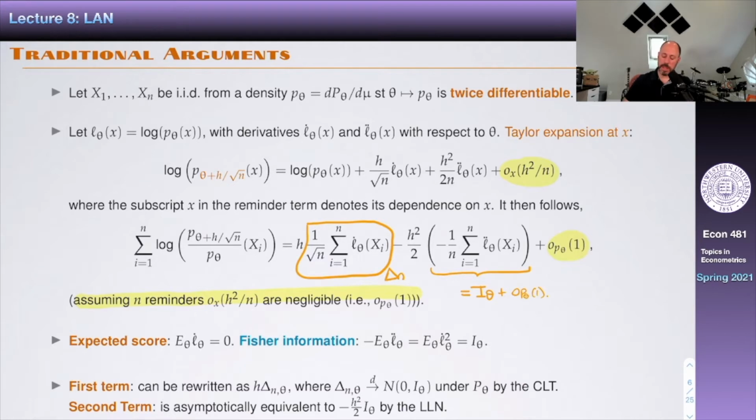So you see that this is a term that requires a CLT type of argument. You have 1 over square root n, the sum of an object that has mean 0. The expected value of the score, which is the first derivative, is 0. And then we have a term here that is an average of second derivatives with a negative sign here. And the negative expected value of the second derivative, which equals the expected value of the score squared, is what we call the Fisher information.